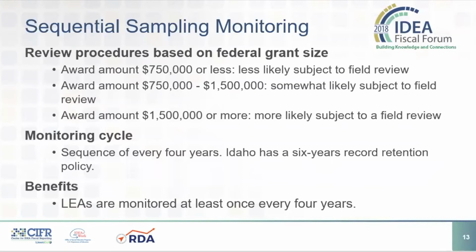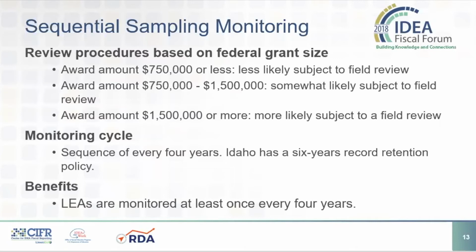And what is the criteria that we use to determine if it's going to be a desk or a field review? It is the size of the grants. An LEA receiving less than $750,000 most likely will be subject to a desk review. An LEA receiving a grant between $750,000 and $1.5 million could be subject to a desk or field review.